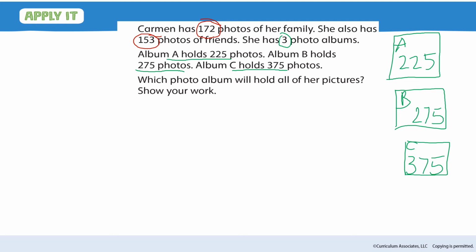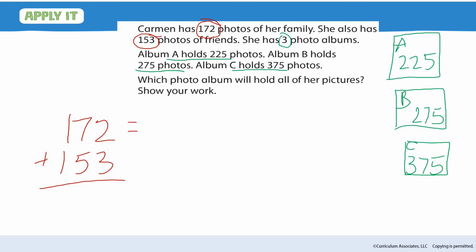So we're going to need to add together 172 plus 153. Now you might have chosen a different strategy than I am, but I'm going to model this with expanded form.